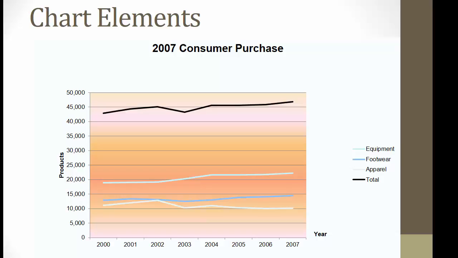It can be placed around your chart, or you can eliminate that legend and put the labels on the chart itself. You can also see X and Y axis in this slide. On the x-axis we have year, and on the y-axis we have the number of products sold in this example. You also see some chart background and background color.